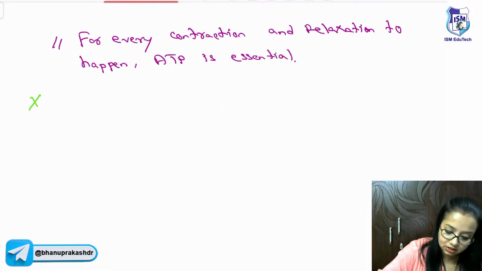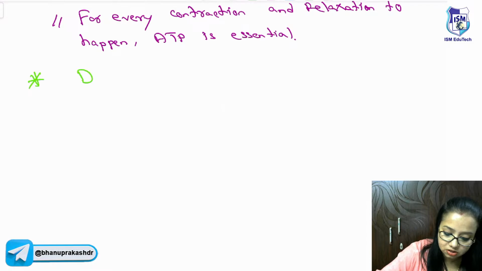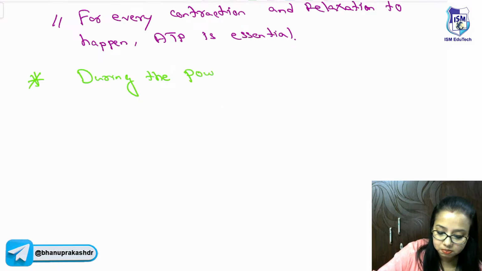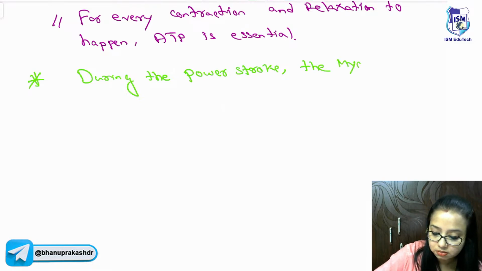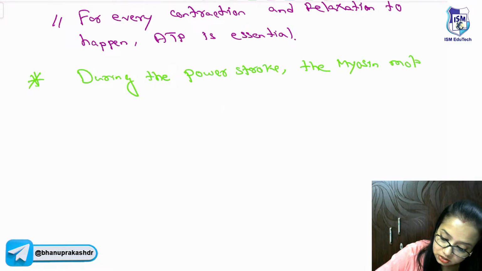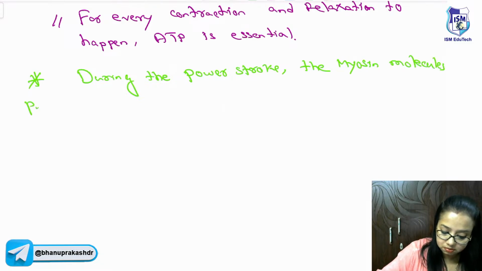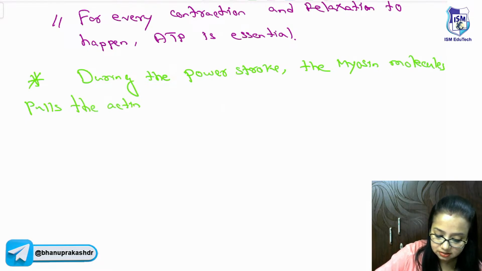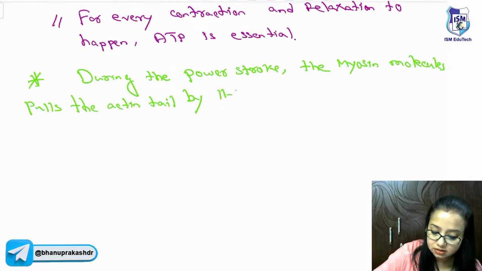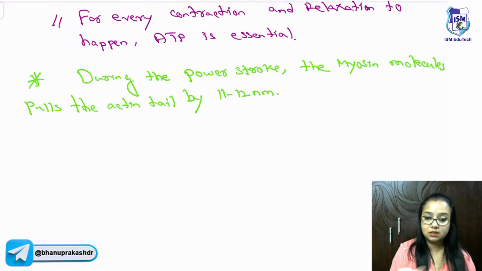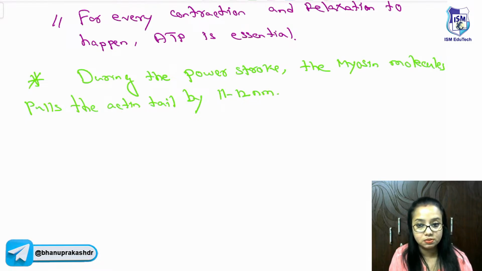One additional point to keep in mind is that during the power stroke, the myosin molecule pulls the actin tail part towards itself by 11 to 12 nanometers.